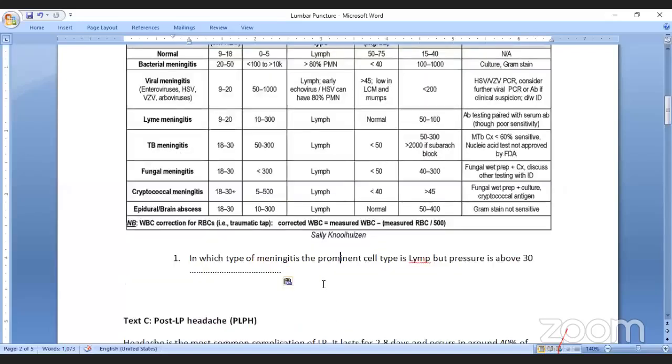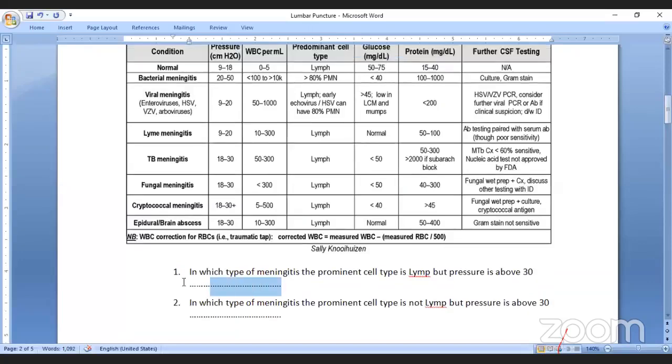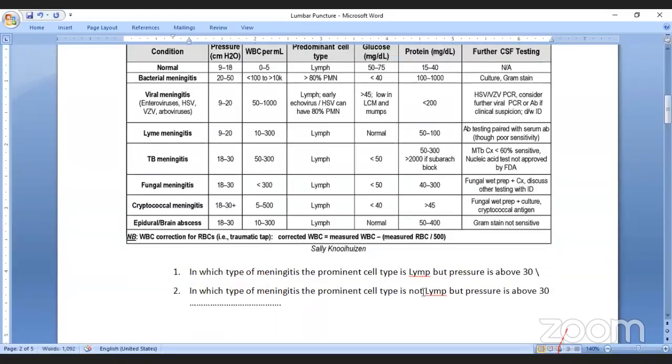Now let us make a new question. This is how we make the questions. What is the answer?